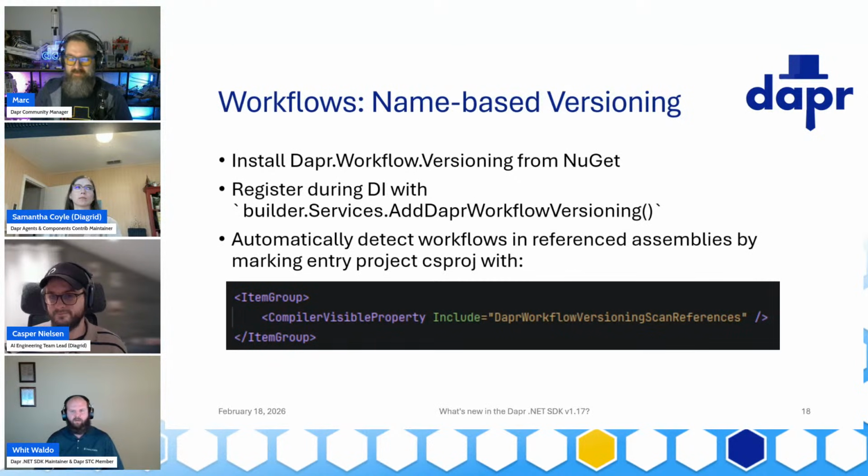The same thing's true here. Create your new workflow, refactor it however you want, save the old workflows so they're still there for replay purposes, but otherwise you don't need to do anything. The compiler is going to handle all that stuff for you.